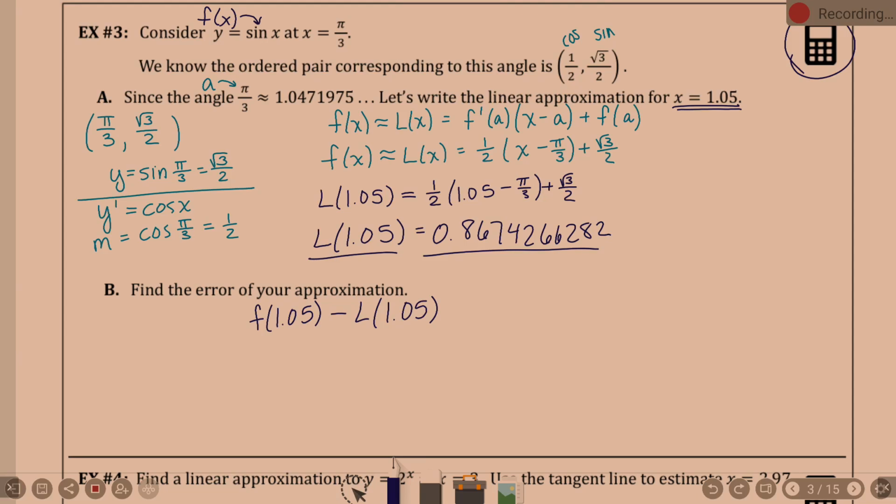So you do want to find on your calculator the sine of 1.05. And you're going to do the exact minus the approximation.